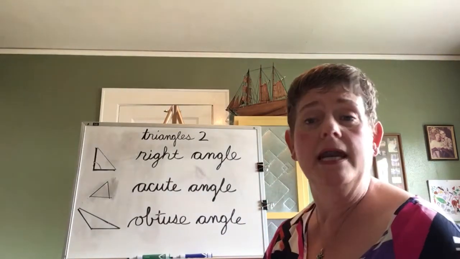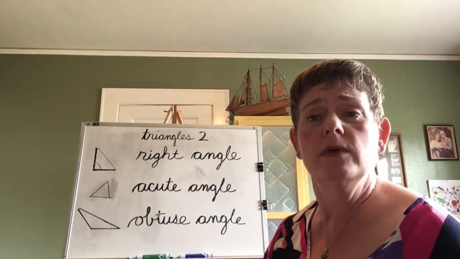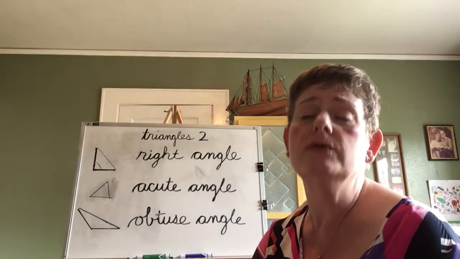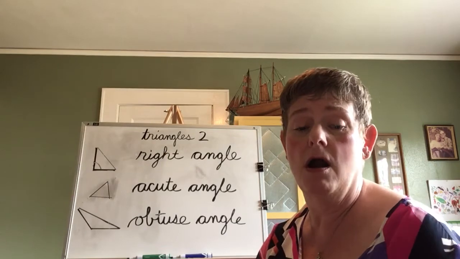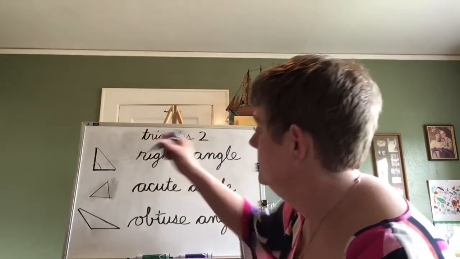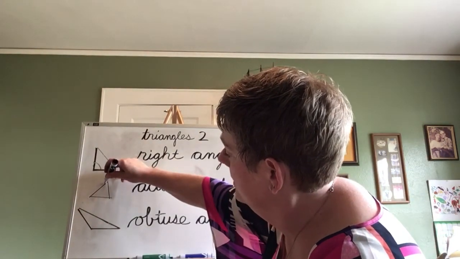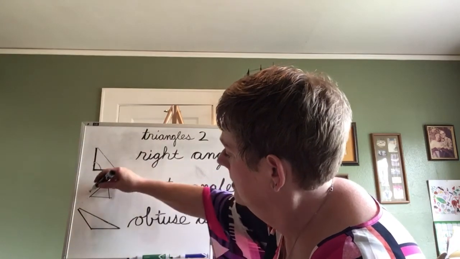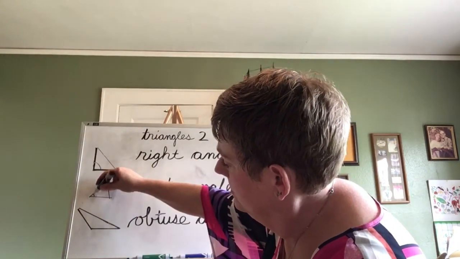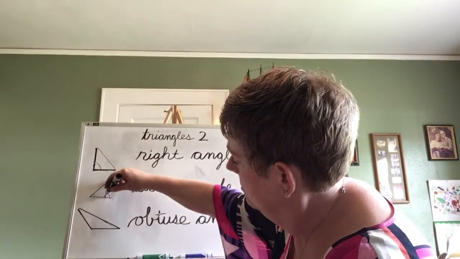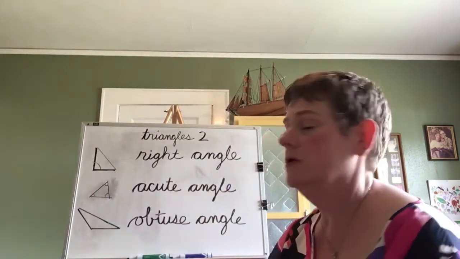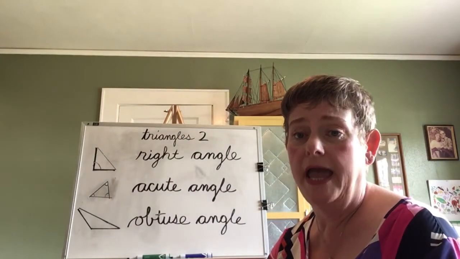And you might end up making an obtuse angled triangle. It doesn't really matter. You'll make some fun triangles and you'll figure out what kind they are by looking at the angles. This is an acute angle. It's narrower than a right angle. This angle is narrower than a right angle. This angle is narrower than a right angle. So those are all acute angles.